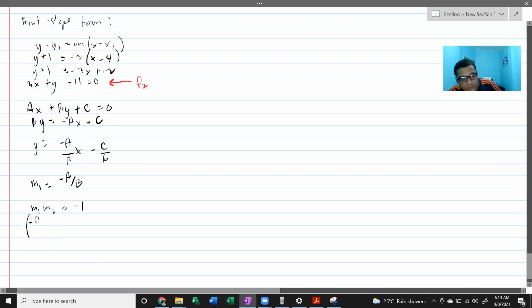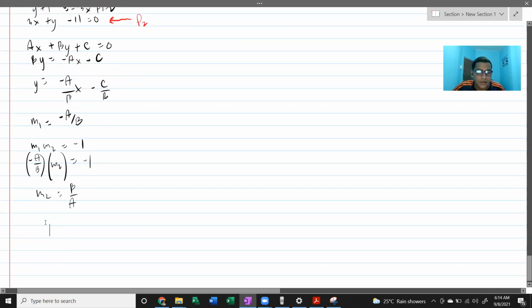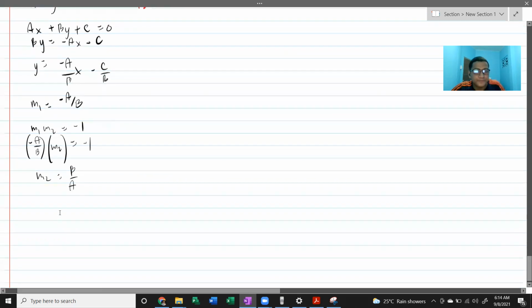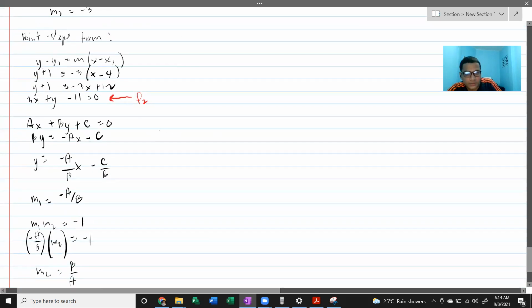So if this is -a/b and this is our m2, then m2 must equal b/a. Okay, now going back to the slope intercept form for line 2.